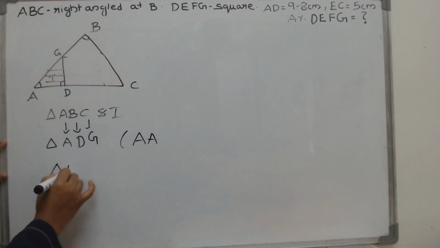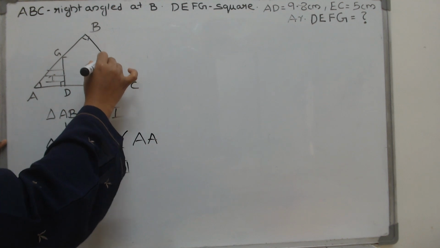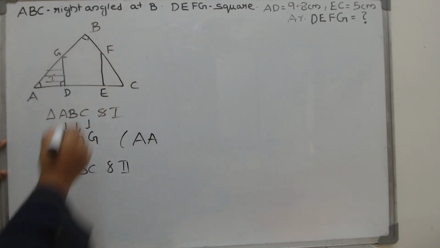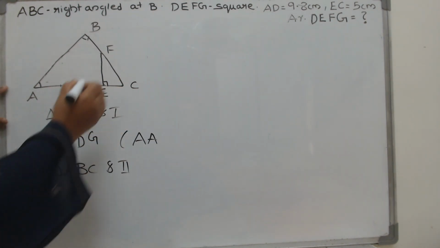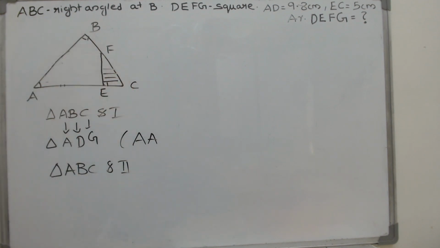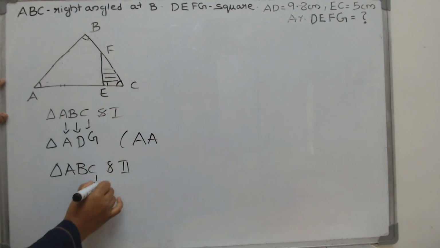Now go to the next triangle, the one which we marked as 2. You remember that? I have just removed all of that. Here we have an E, we have an F, and we knew that this was a right angle. So this small triangle and the whole triangle ABC have a common angle at C. Then what?